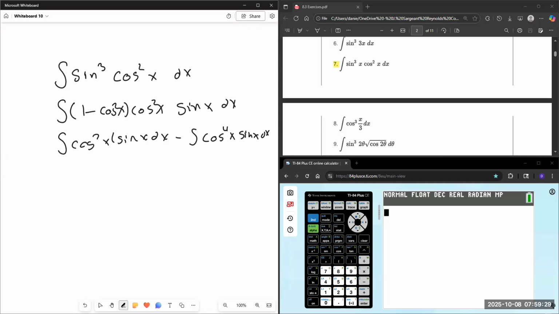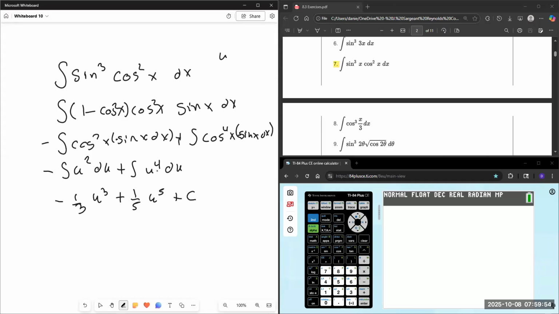I need a negative sine x dx for my du in each of those. So this is u squared du plus u to the fourth du, which is negative 1/3 u to the third plus 1/5 u to the fifth plus c.